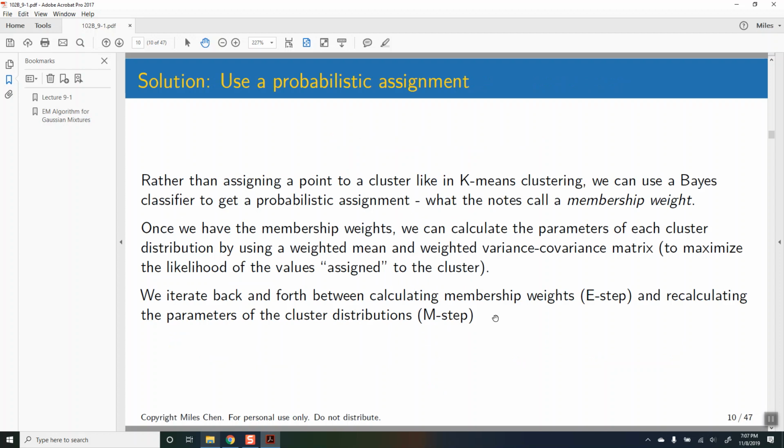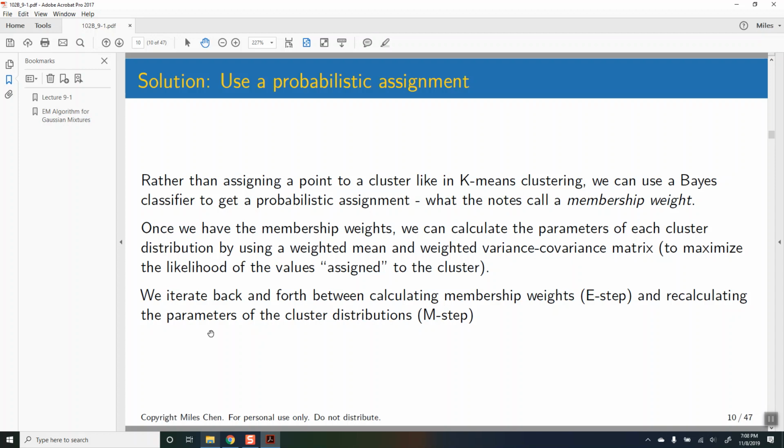So the EM algorithm is: we use the Bayes classifier for a probabilistic assignment. We call that the membership weight. That's the E step. Once we have the membership weights, we calculate the parameters of the cluster. We get the weighted mean and the weighted variance-covariance matrix, to figure out what these things should be.